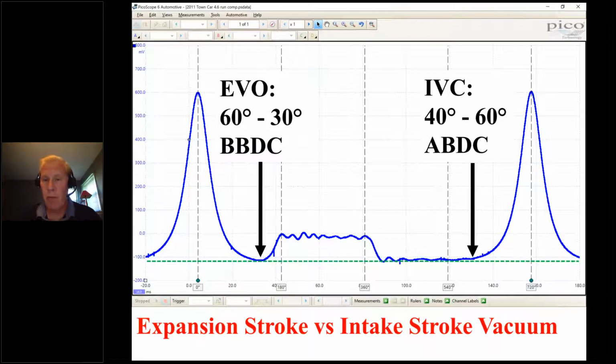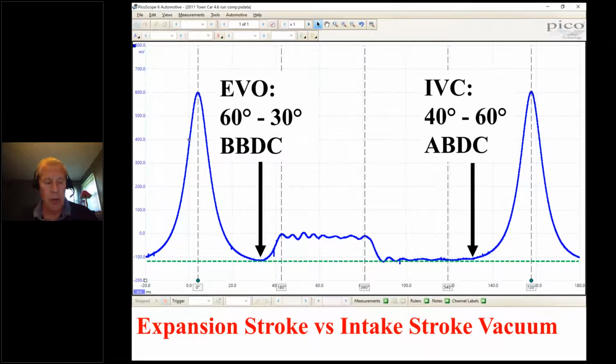And there's a reason for that. So these are my guidelines. So let's just say for discussion purposes, my intake valve closing is 60 degrees after bottom dead center, and my EVO is 60 degrees before bottom dead center. Rarely ever will they be the same, but for conversation, we're going to go ahead and take that liberty.